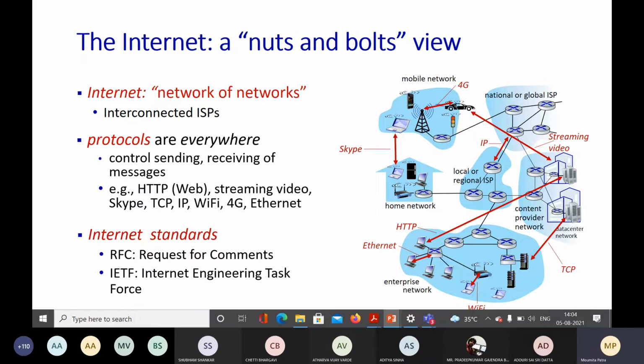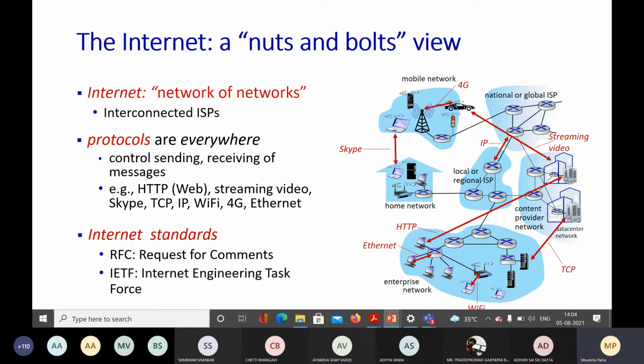If you look at the mobile network, you can see that we have cellular communication going on. As I had mentioned earlier, this is the base station, and there is cellular communication going on between the base station and the mobile phones, as well as autonomous vehicles, which can also communicate with the help of the cellular network. That is why 4G is put here.